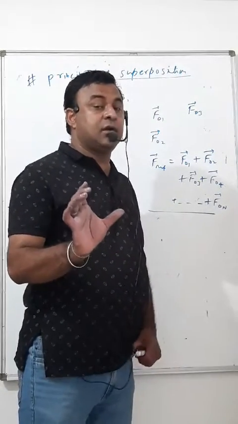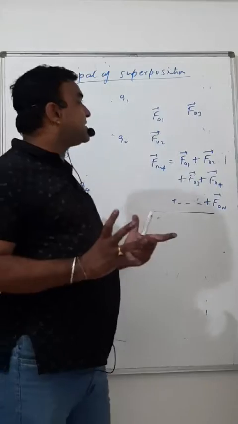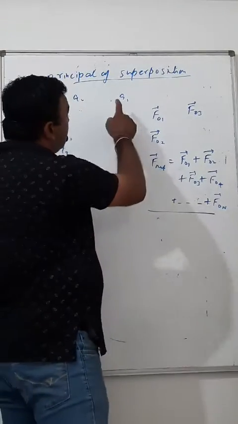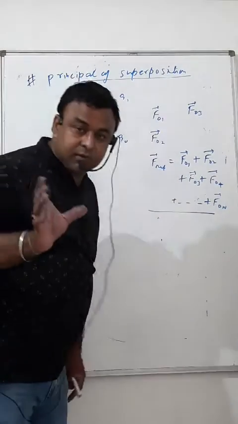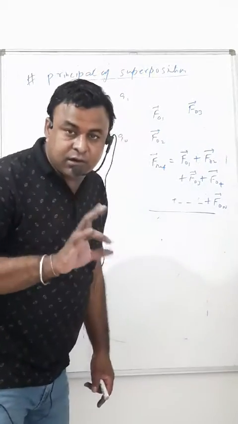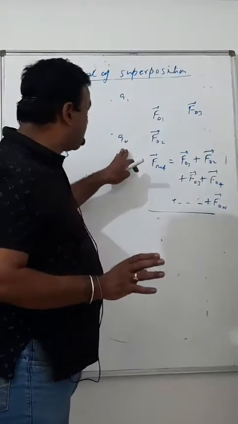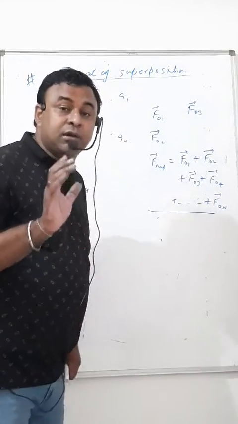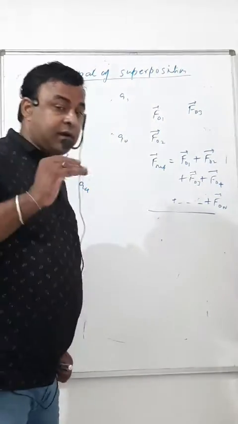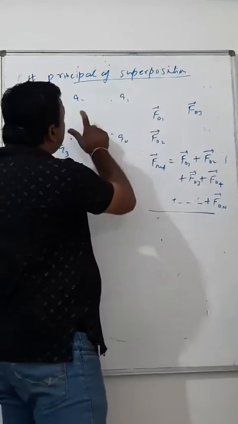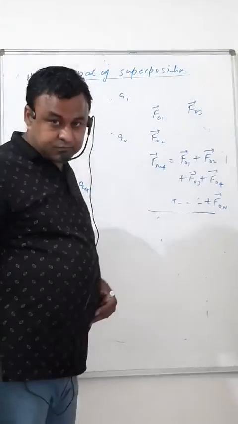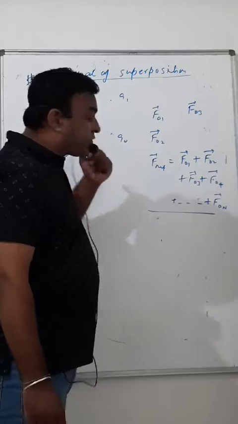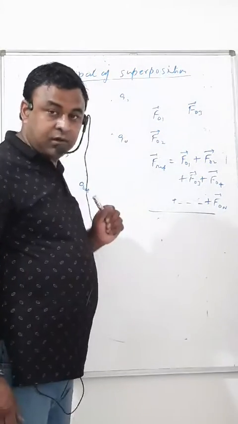I must say, if there were only Q1 and Q0, there was a particular kind of interaction between them. When Q2 is introduced, then Q2 does its own work on Q0.